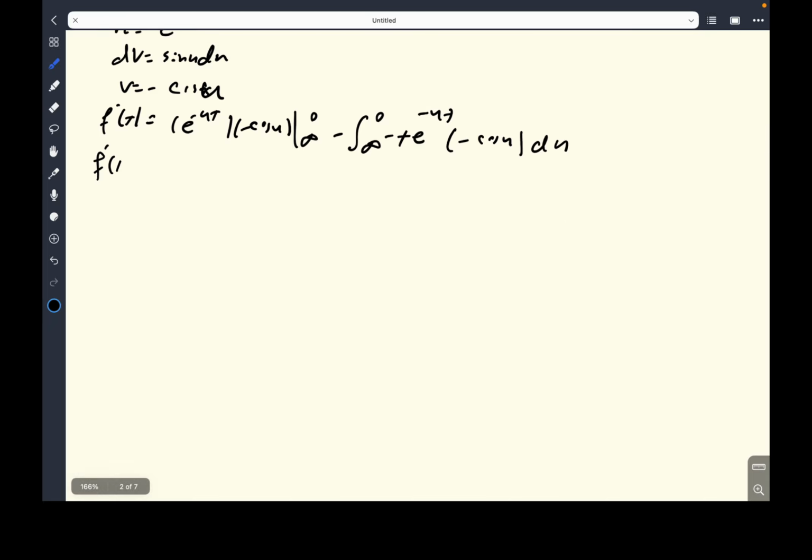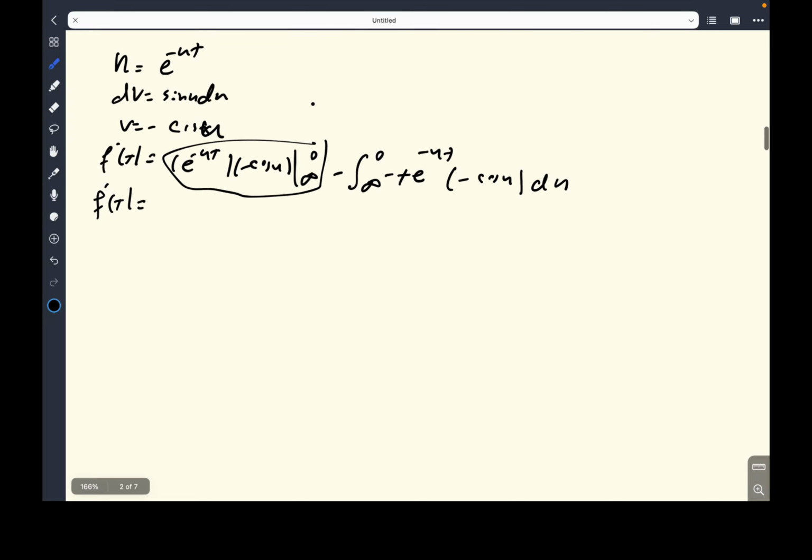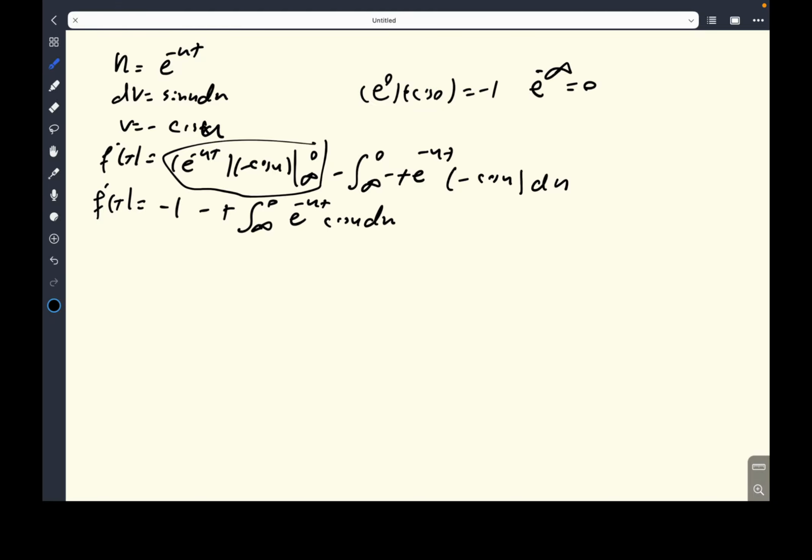This whole boundary term is going to be negative 1, because e to the 0 times negative cosine of 0 is negative 1, and e to the negative infinity is 0, which multiplied by cosine of infinity is 0. So this thing here is negative 1 minus t times the integral from infinity to 0 of e to the negative ut cosine u du.